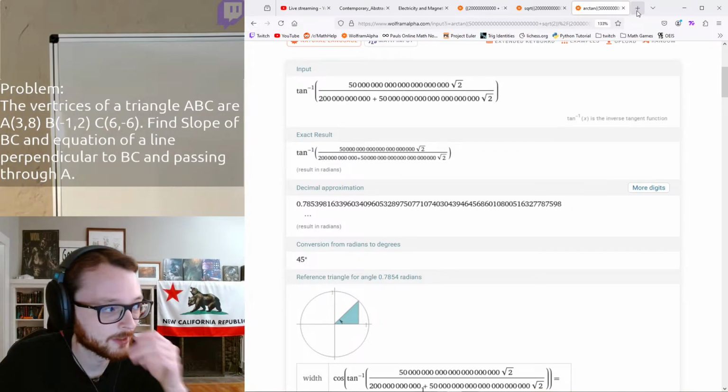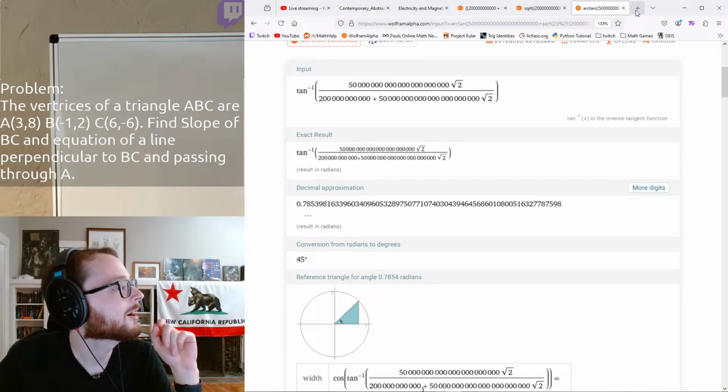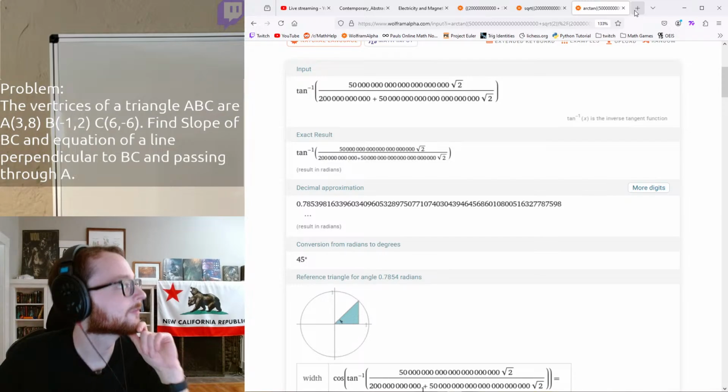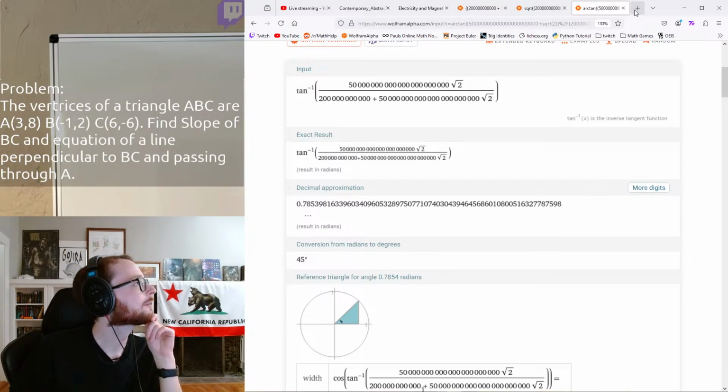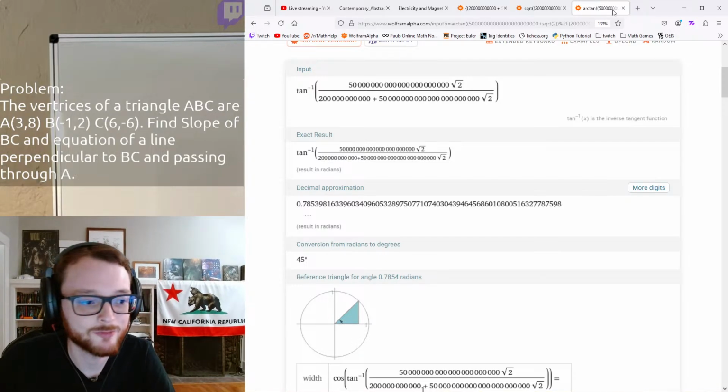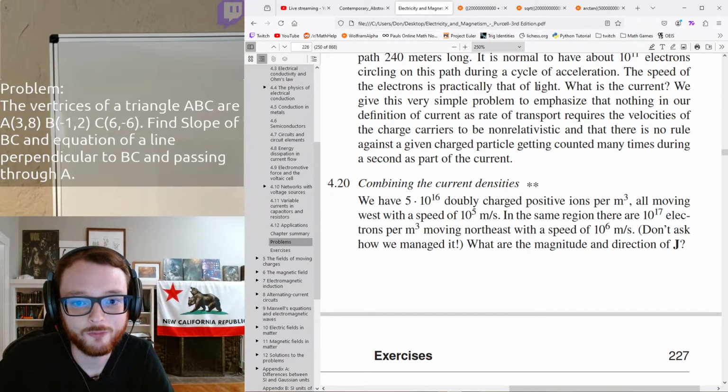Oh, with the way I defined my coordinates, I guess it is. Yeah, okay, we are in quadrant 1. I just defined my coordinates diagonally reflected. Okay, so magnitude I'm saying is 10 to the 23. Direction I'm saying is exactly south west.